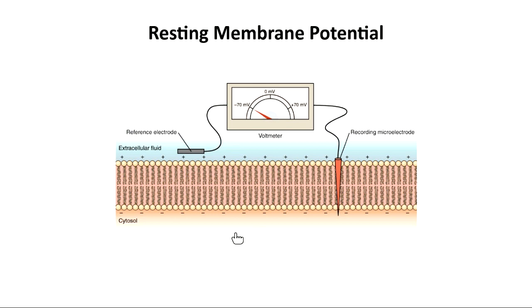Because I have so many more positives outside than inside, the charge is going to read as -70. When the question asks compared to what, we're comparing the inside to the outside. The inside looks a lot more negative. The outside looks a lot more positive because of those ions with their charges.